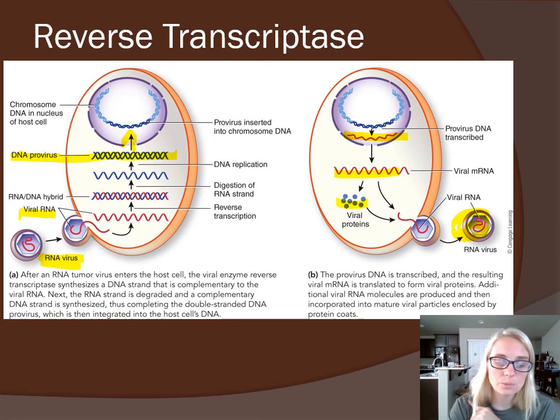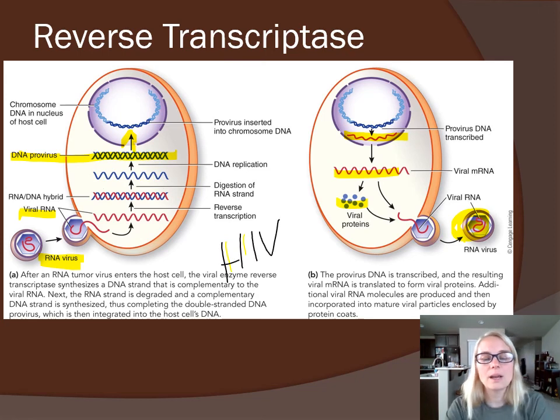This is the way that HIV functions. These types of viruses are called retroviruses. So retro because they can do this reverse transcriptase, going from a viral RNA molecule to a viral DNA, incorporating the viral DNA into your chromosome, and then expressing that viral DNA as viral mRNA to make viral proteins, to make new viruses. It's pretty crazy.